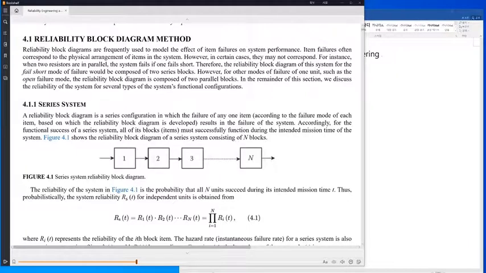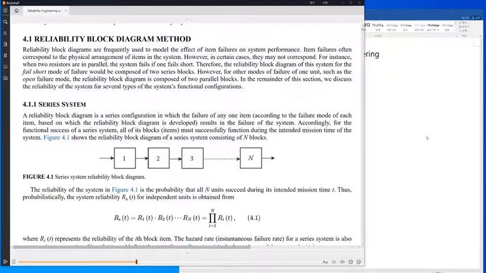From the very basic characteristic of a series system, if any one fails, then the system will fail. That means for the system to work correctly, all the components need to work correctly. All the components need to perform their intended functions.